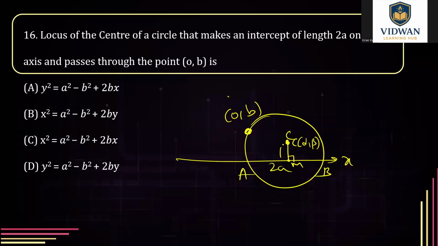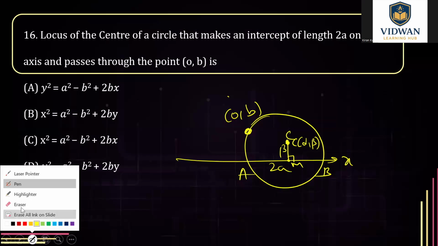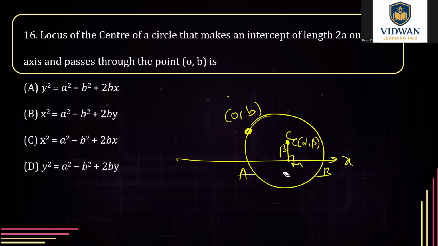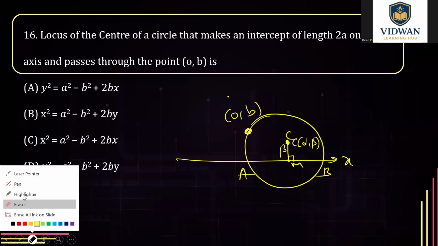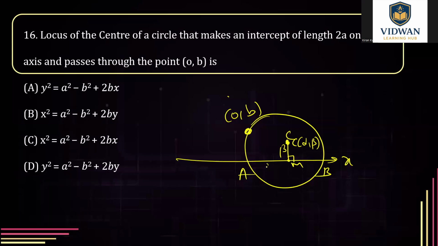So this should be beta. And also you can say this is a and a, because the total length is 2a and M is the midpoint. And suppose I take this as radius r, how are they related? R square is equal to beta square plus a square, by Pythagoras theorem.